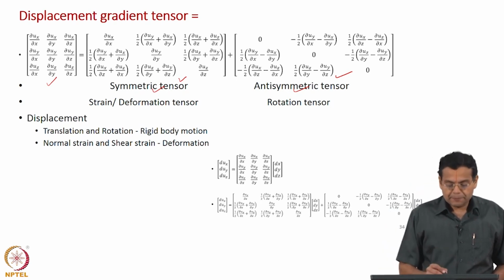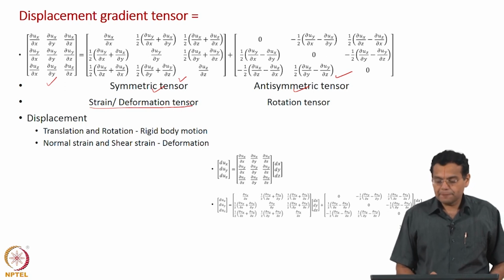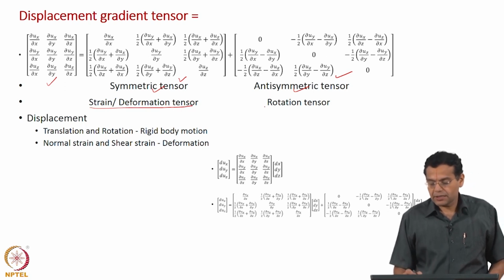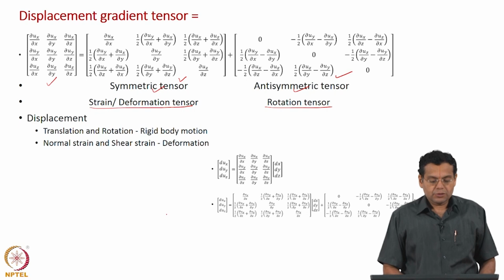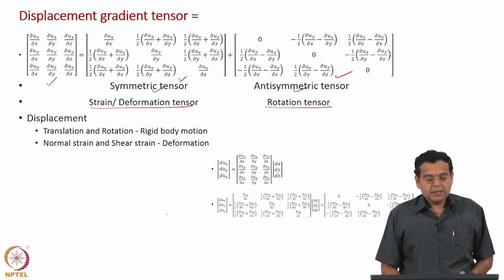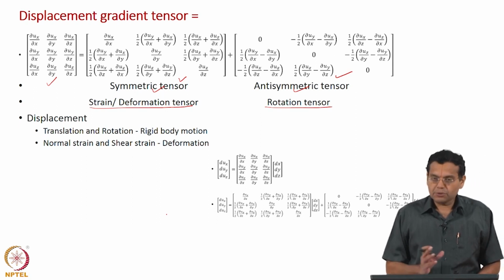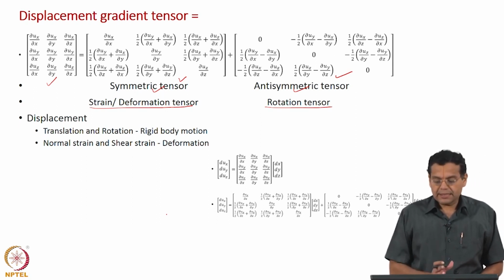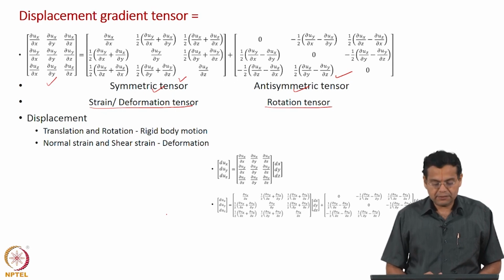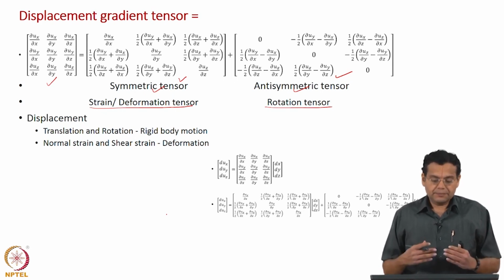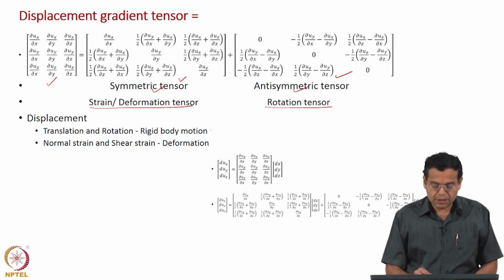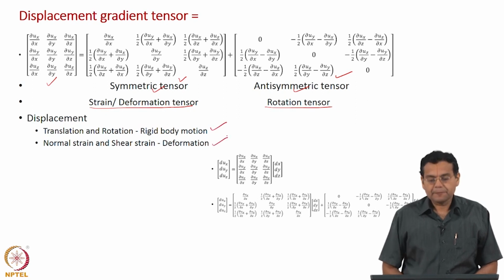The first one was called the strain or deformation tensor, the second one we called the rotation tensor. So, what we have done is split the displacement gradient tensor into two tensors, a strain tensor and a rotation tensor. Objective was to separate the rigid body motion from the deformation.